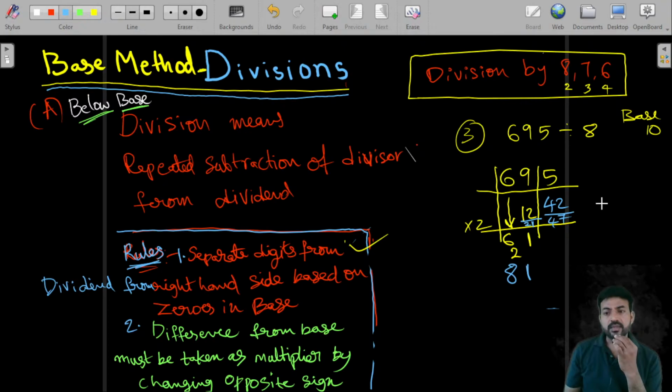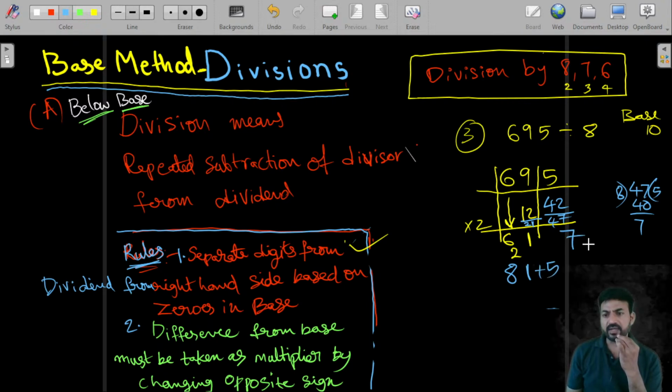No, 5 8s only, and the remainder is 7. So again here also 5 8s.